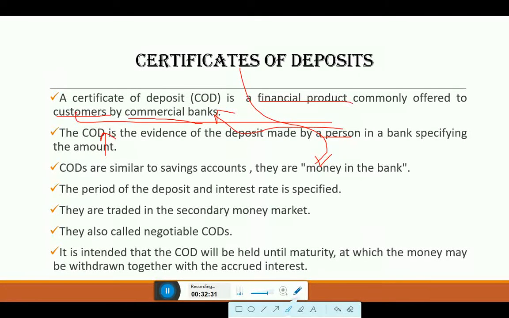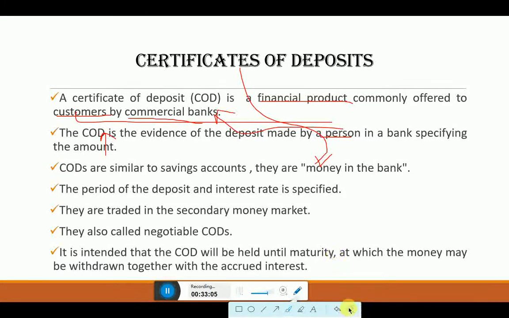For example, Ahmad was to receive 10,000 as a return, as interest. If he has waited for 2 months and there are 2 months remaining for the maturity of the certificate of deposit, he can, for example, receive 4,000 or 5,000, and the remaining 5,000 profit or benefit will be left to, for example, Mahmoud, who will buy the certificate and wait 2 months further. Okay.